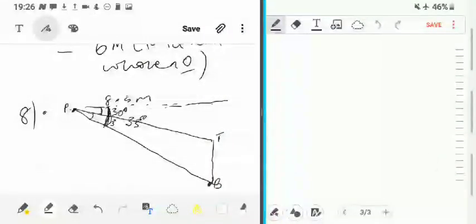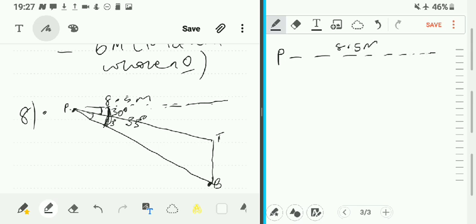Let me transfer that. Okay, so we have something like this. A pilot here, this horizontal line of sight, 8.5, that's what we're told from the question. This is the control tower, this is the top, and this is the base or the bottom of the control tower.